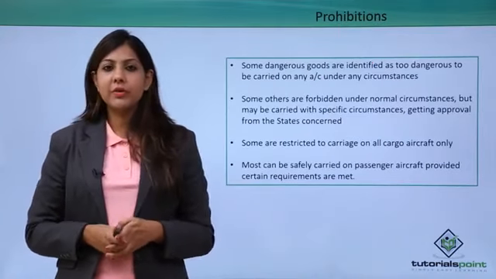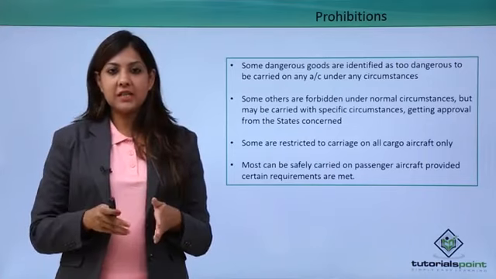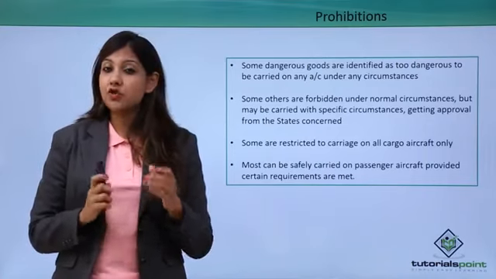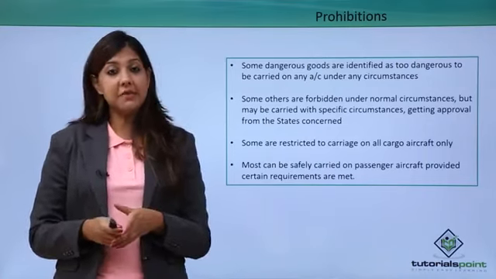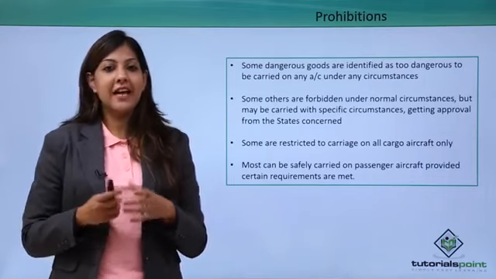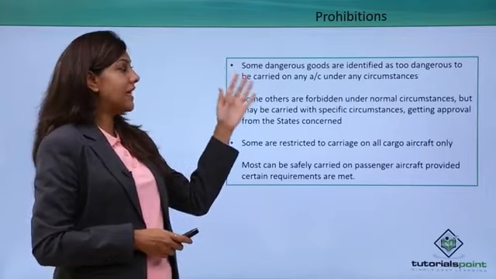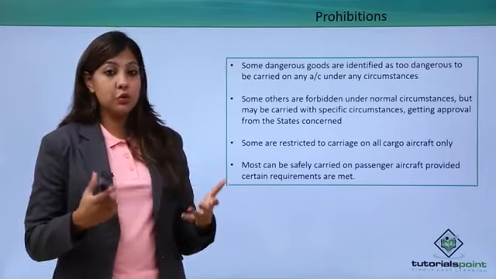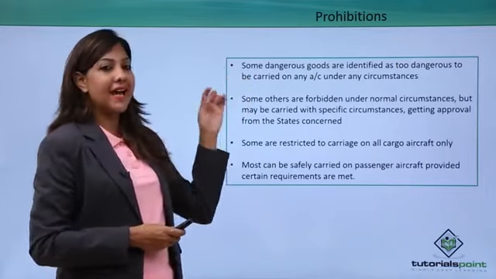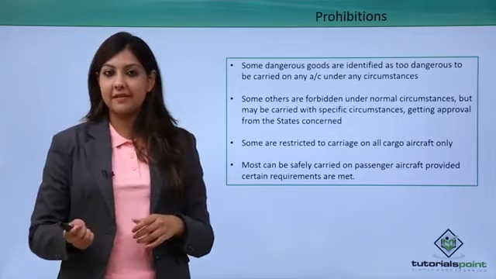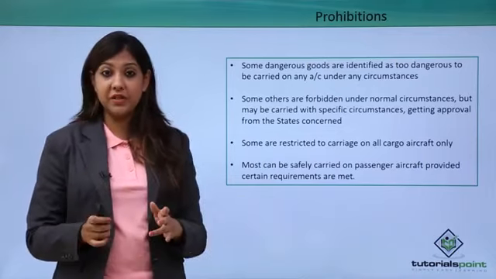Talking about certain prohibitions. Some dangerous goods have very strict regulations, and some are not under such strict regulations in terms of carrying them on board the aircraft. Some dangerous goods are identified as too dangerous, and they cannot be carried in the aircraft under any circumstances. So they are completely forbidden.